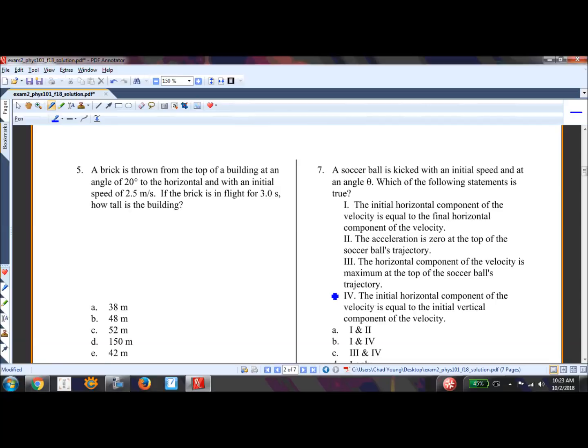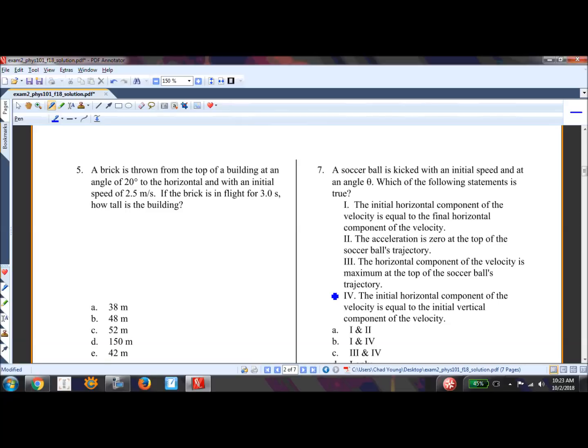t is 3.0 seconds. V naught is 2.5 meters per second. And theta is 20 degrees. I want to know how tall the building is. I want to know y. I know that y is equal to V naught y t plus 1/2 a y t squared, and that's really all that I have to do.